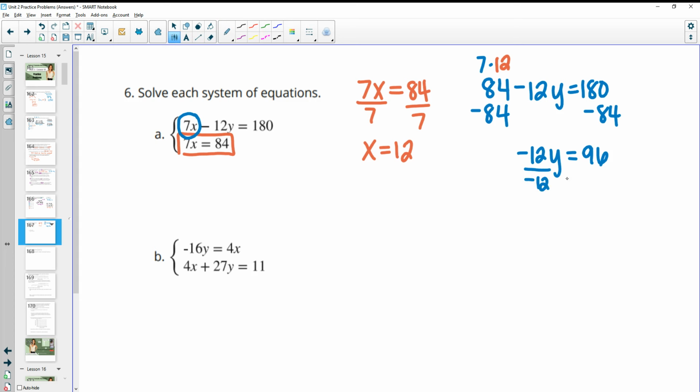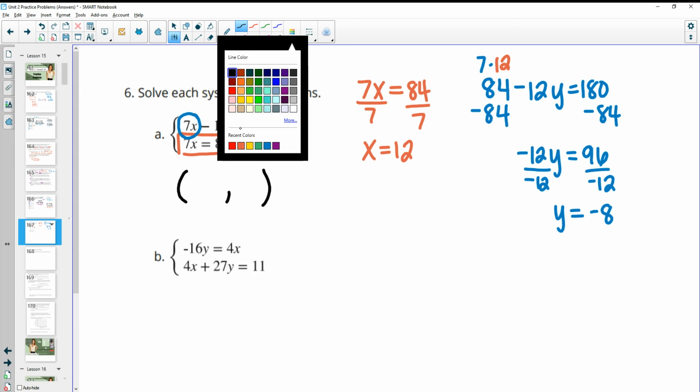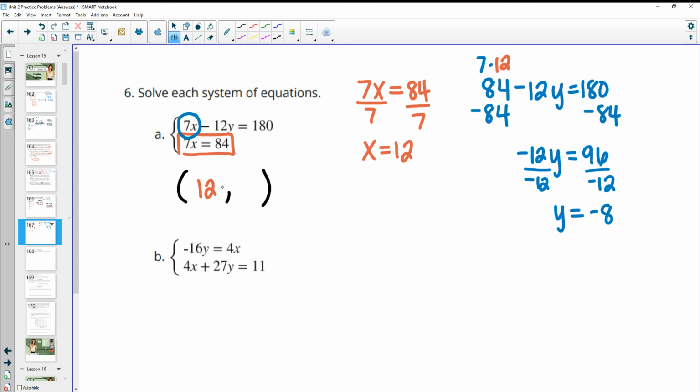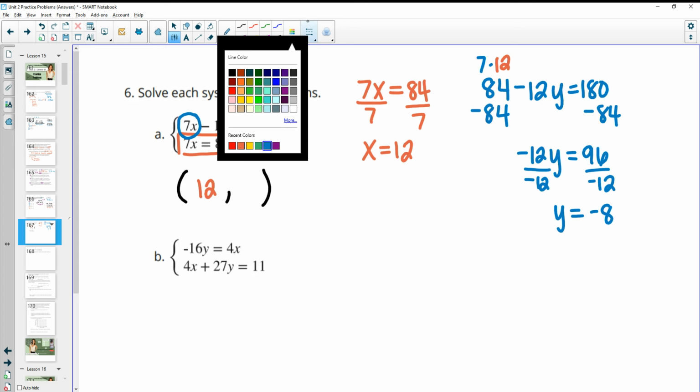And we can divide by negative 12. And we end up with y equals negative 8. And then you can write this as an ordered pair because we often write our solutions as ordered pairs. So writing your x first and your y second.